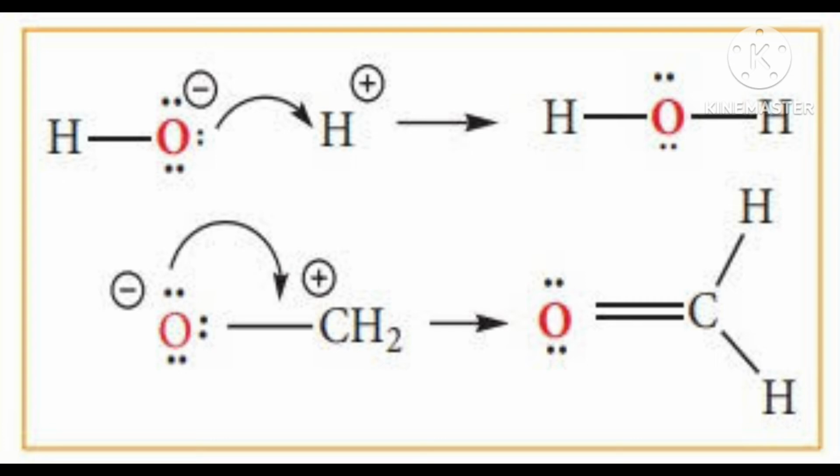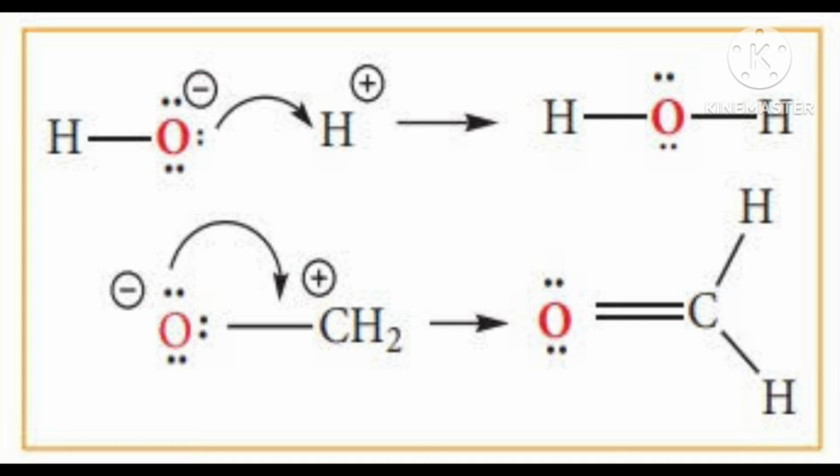But if you consider that in a bond 2 electrons are there, and 1 electron is going to the other atom on the left side, and the other is going to the right side, one electron each, then how will you show this movement? The movement of a single electron is indicated by a single barbed fish hook. That is the half-headed curved arrow.